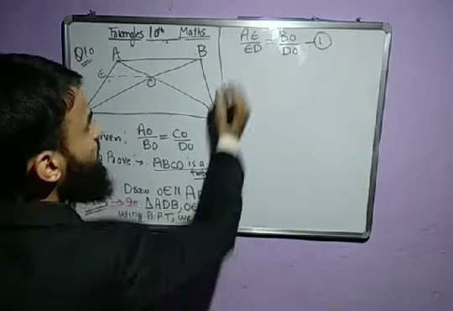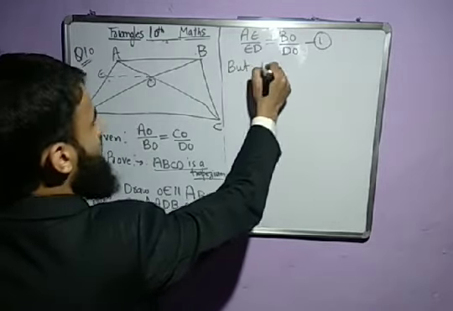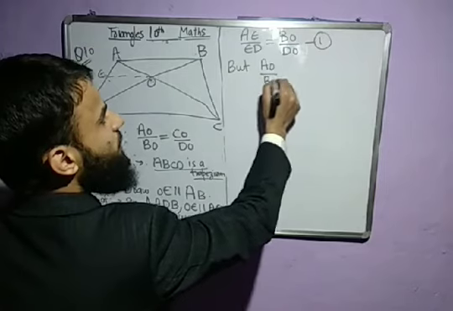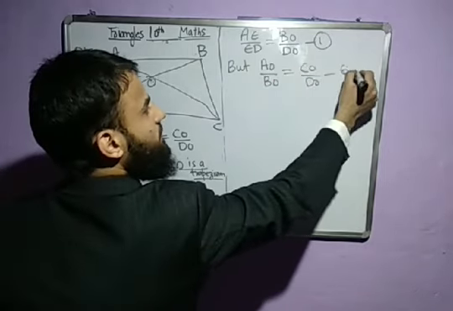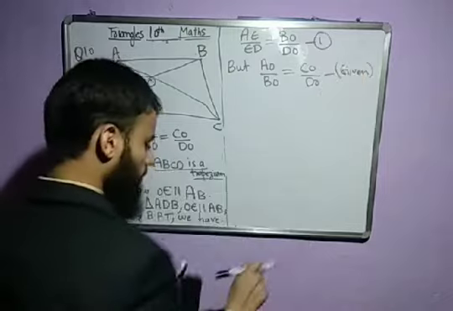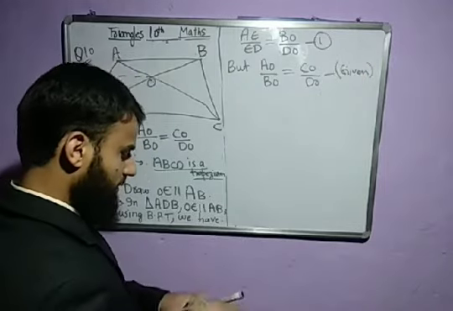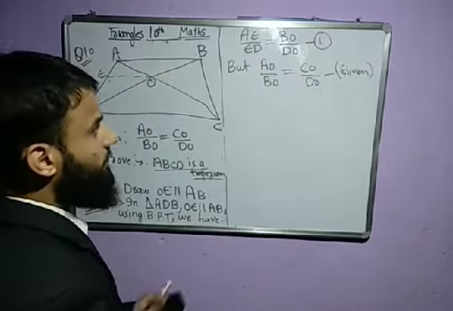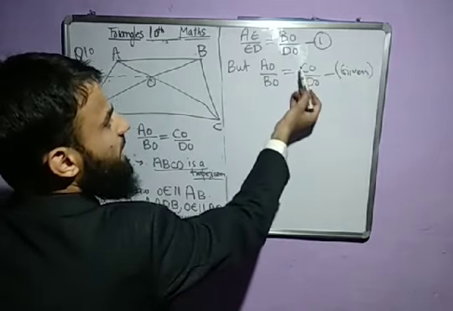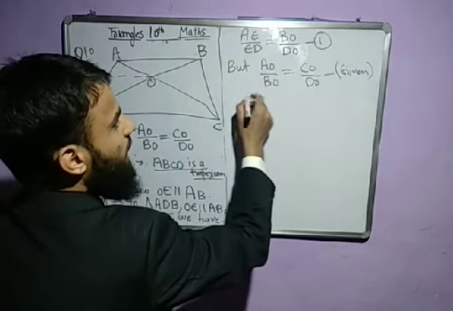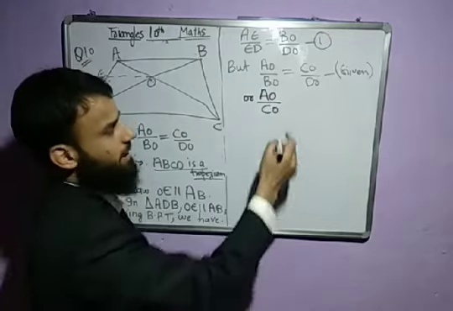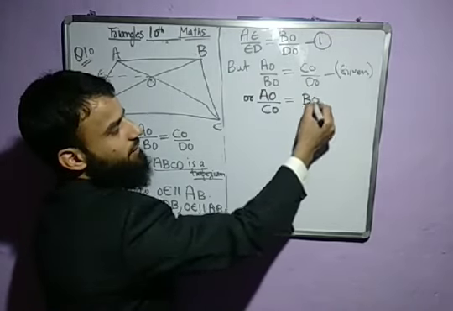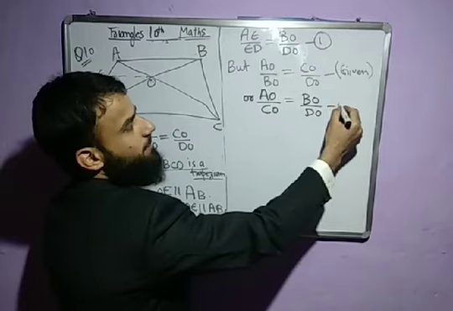But we are given that AO divided by BO is equal to CO divided by DO. It is just given. Now let us interchange BO and CO. I will get AO divided by CO is equal to BO divided by DO. Keep it equation 2.